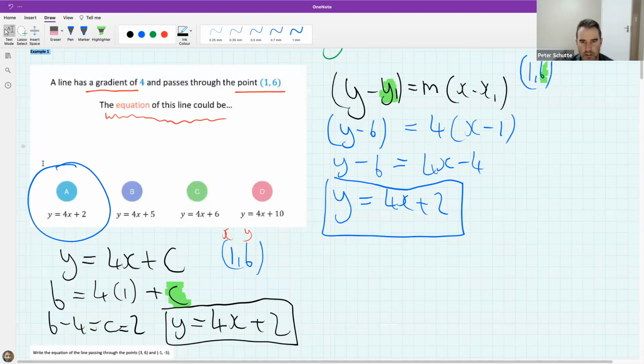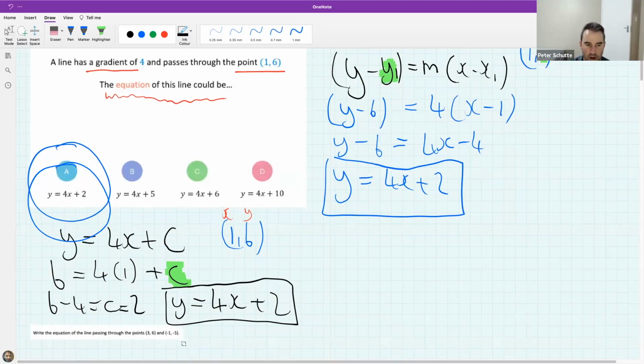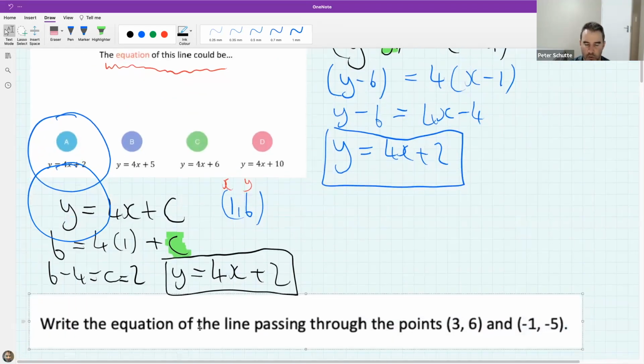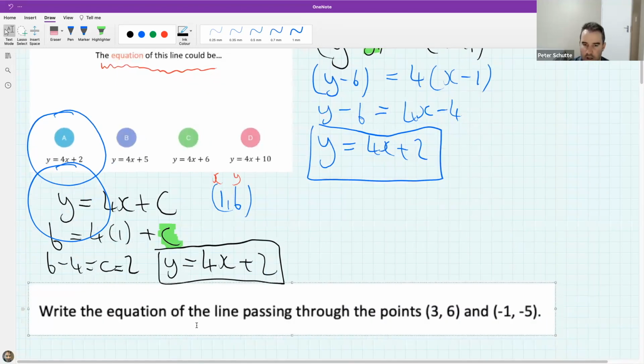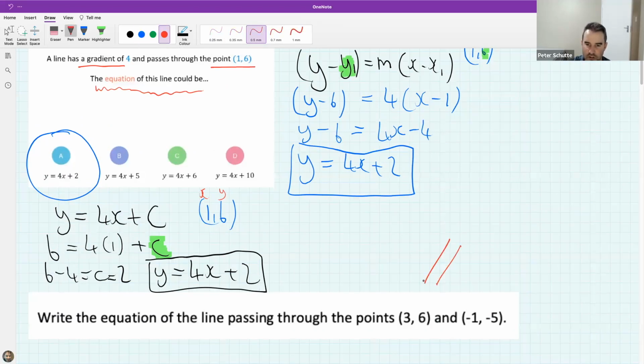Take a moment to look at that. You could have used either of these methods, but I want to make sure that we understand what's going on here. And in fact, I'm actually going to give you another question to practice this. So I'm going to stay open for questions on the screen, but while I'm taking questions, I want everyone else who feels comfortable so far to try and find the equation of the line going through these 2 points.